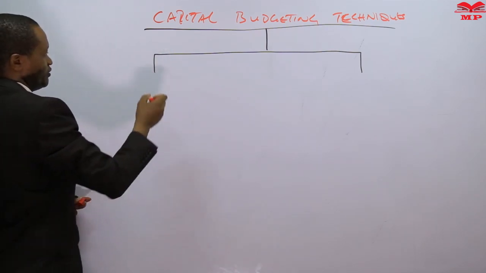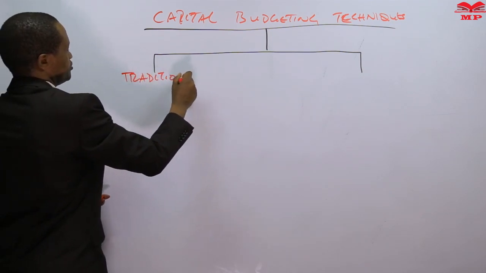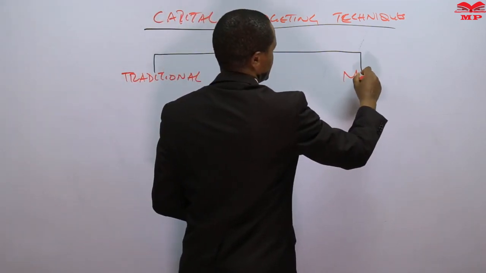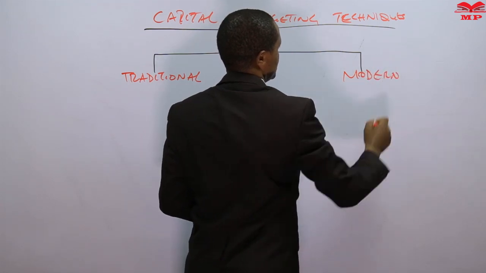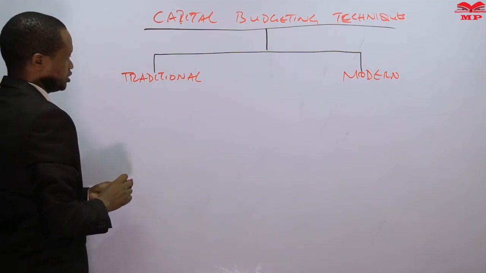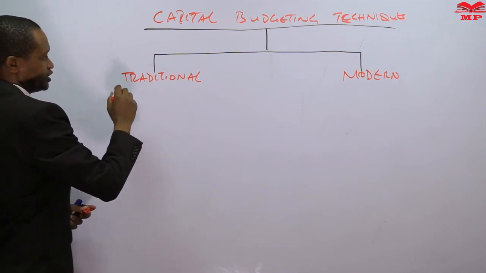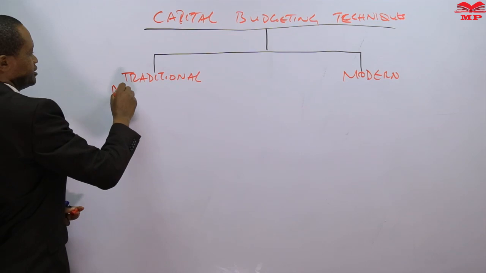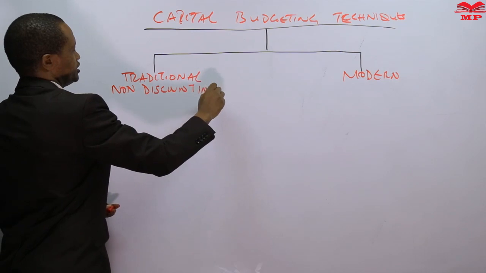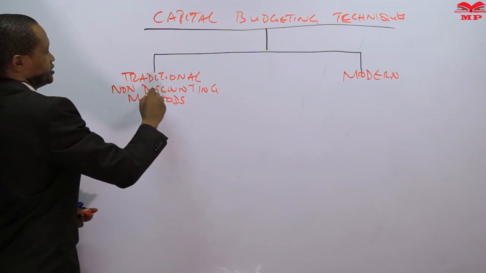Number 1, we have the traditional methods or techniques, and modern techniques or methods. These traditional methods can also be referred to as non-discounting methods or techniques.